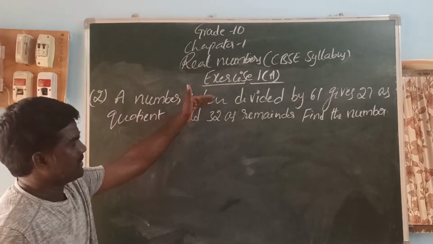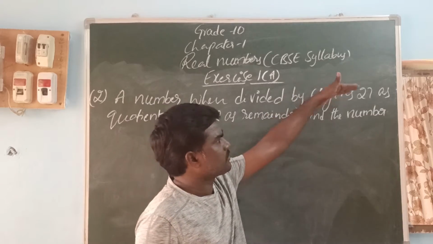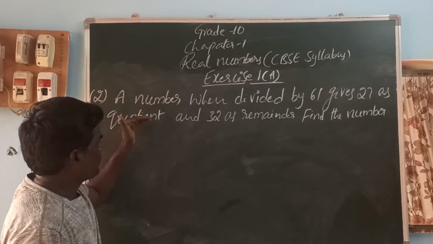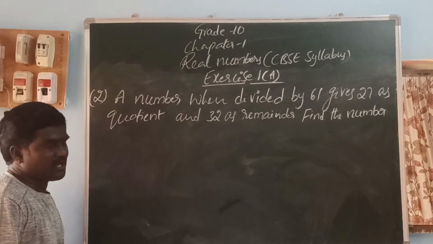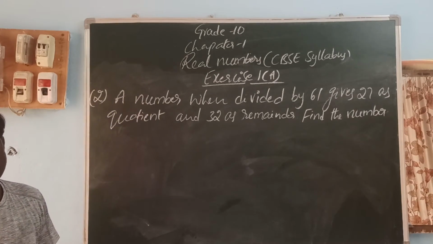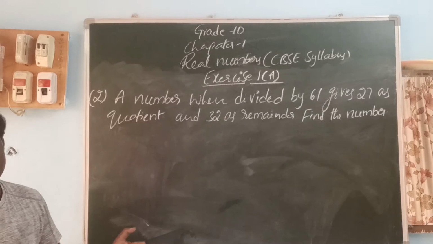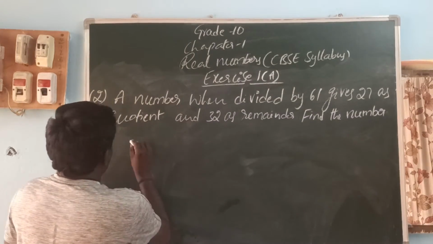A number when divided by 61 gives 27 as quotient and 32 as remainder. Find the number. So how can you find it? By using Euclid division lemma. Dividend is equal to divisor into quotient plus remainder.